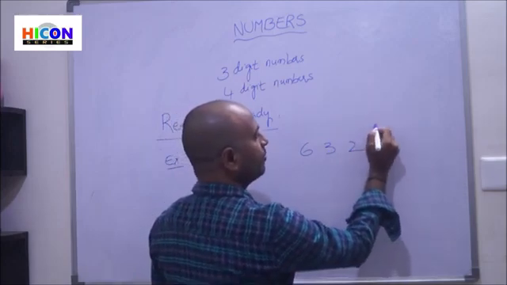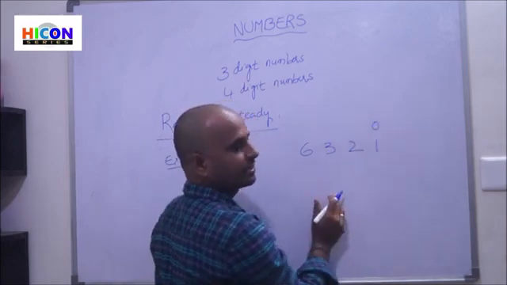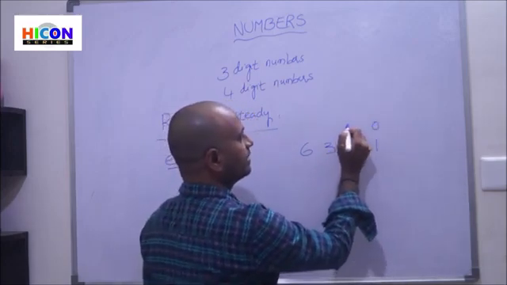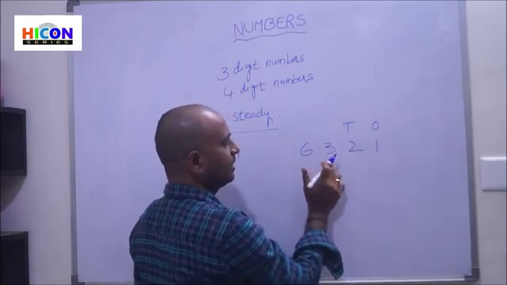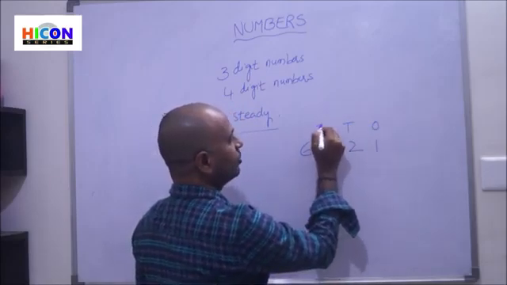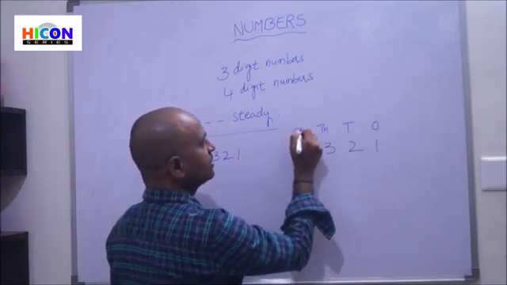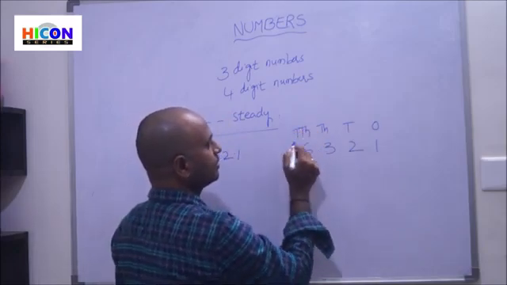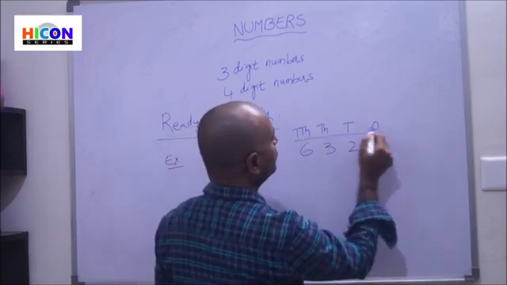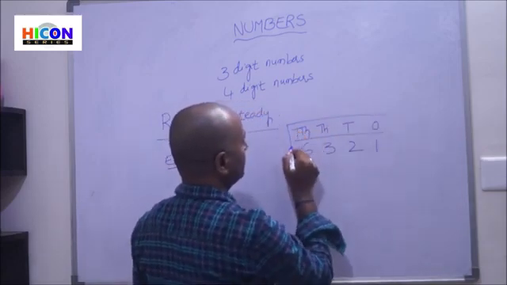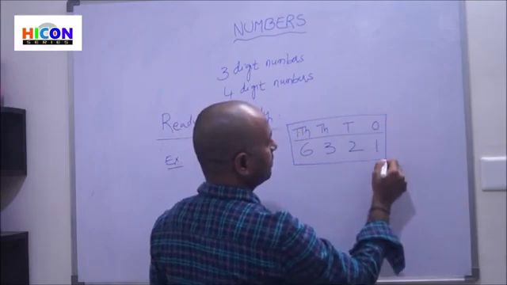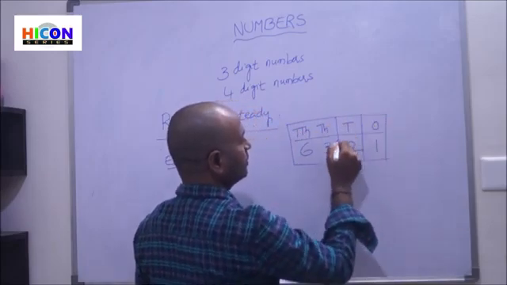Here 1 is in the ones place, 2 is in the tens place, 3 is in the hundreds place, and 6 is in the thousands place.